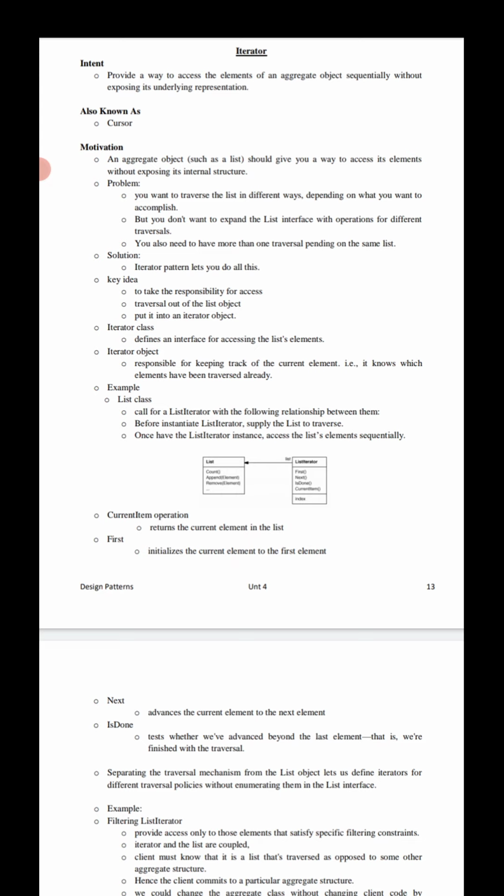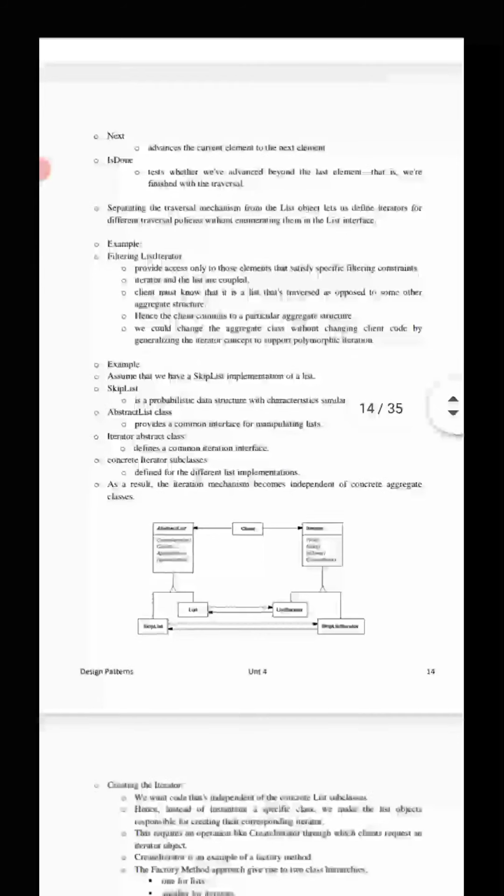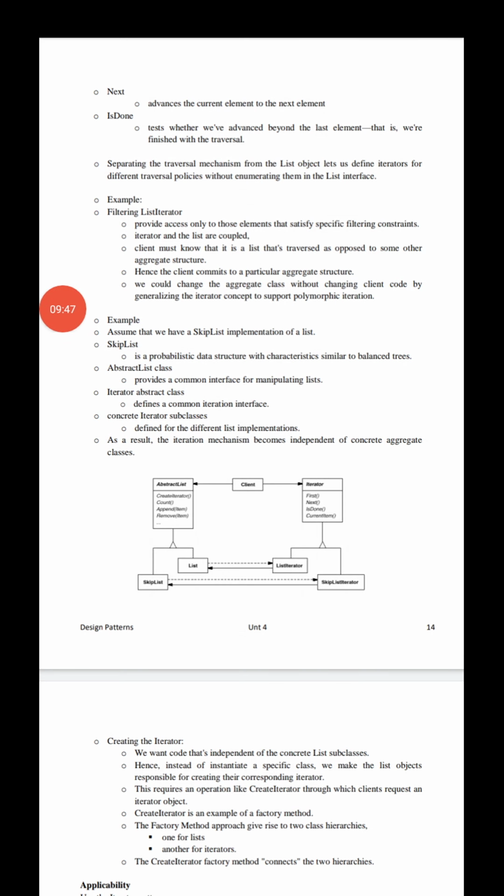Okay. Now for example, here is a filtering list iterator. It provides access only to those elements that satisfy specific filtering conditions.